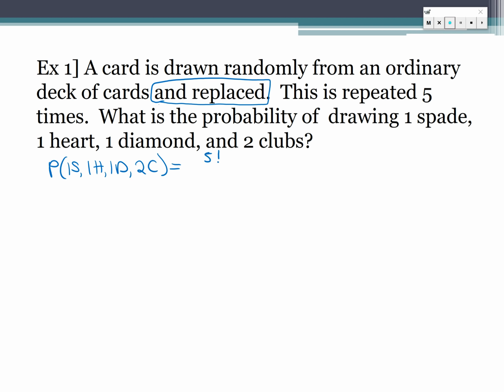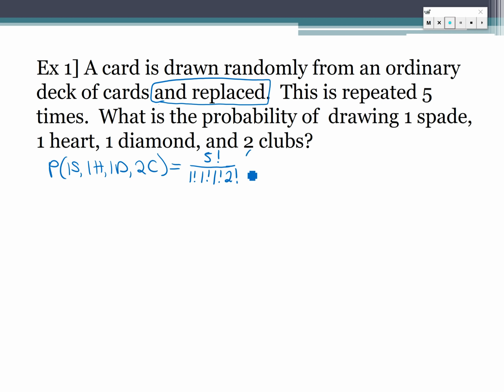So our numerator starts with a 5 factorial. The denominator represents how many we want of each different outcome. So I want 1 spade, I want 1 heart, 1 diamond, and I want 2 clubs. So how many do I want of each particular outcome?